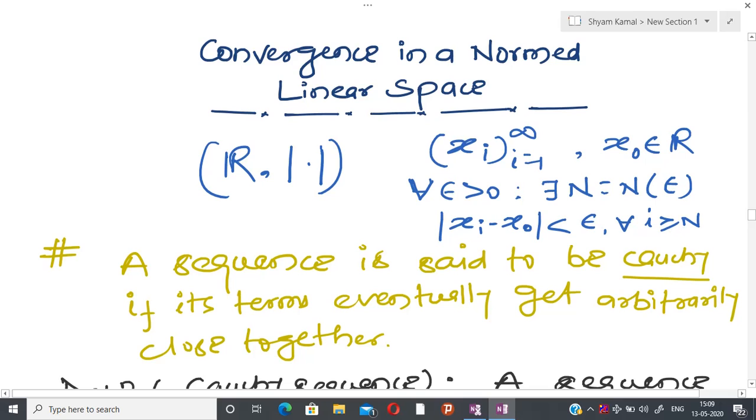In this way, we have talked about the convergence.